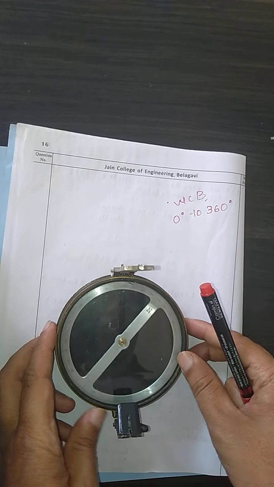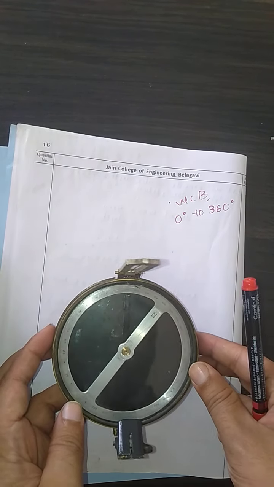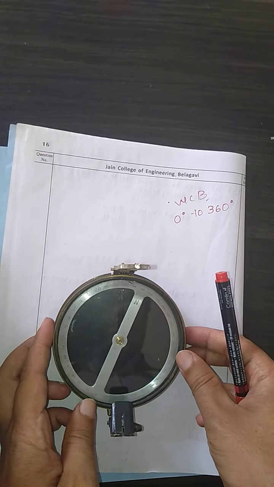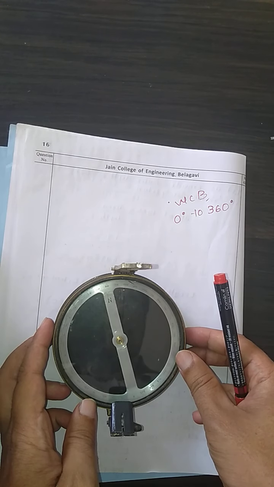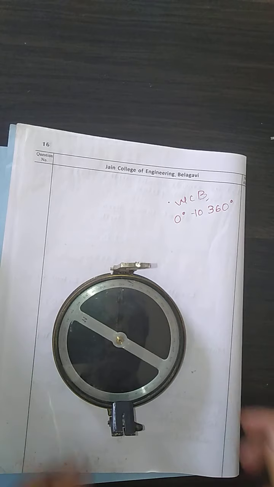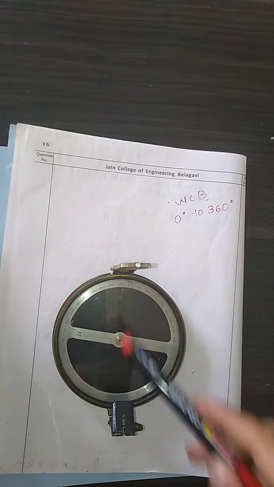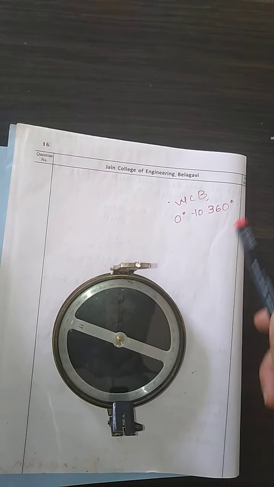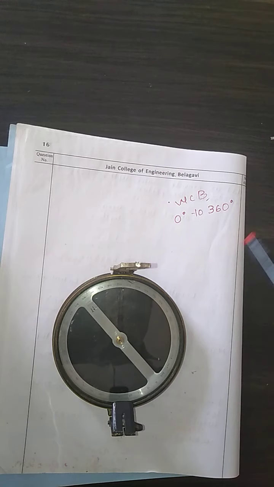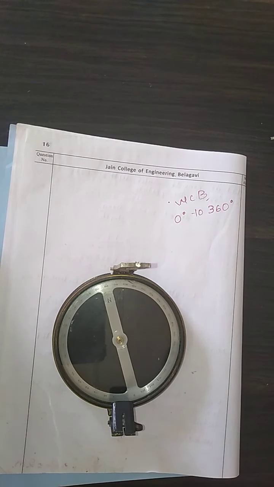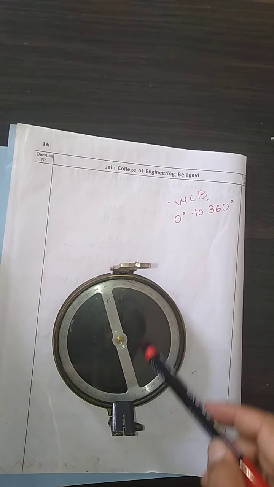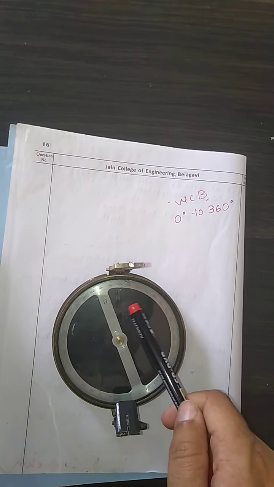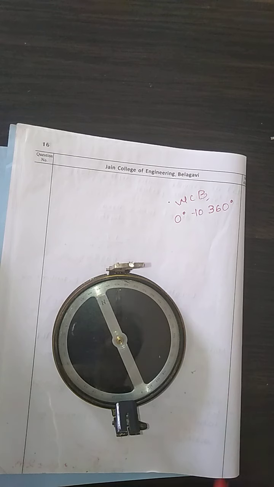You are going to measure the readings with respect to the north. If the angle varies with respect to the north, it is going to give you the direction with respect to north, in the whole circle bearing method.